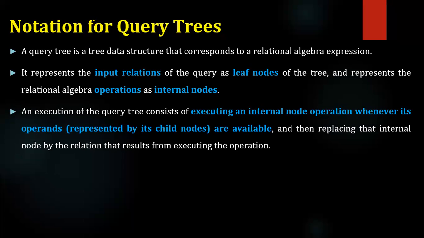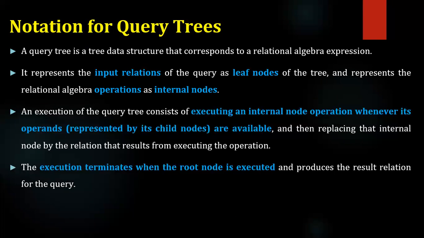And the execution of query trees consists of executing an internal node operation whenever its operands are available. So if I have a child node for some intermediate node, it should be evaluated and replaced by the resultant node.